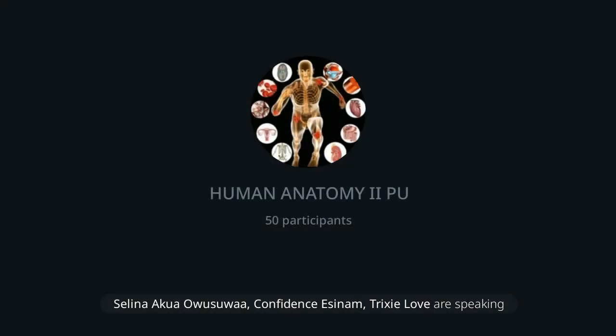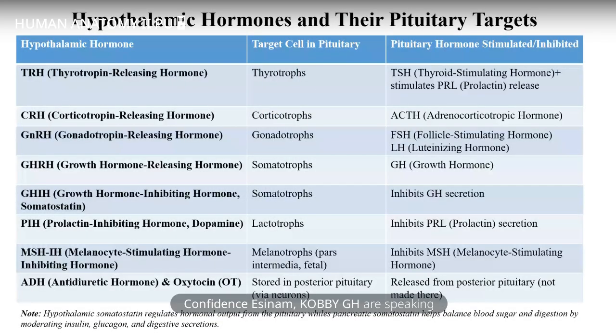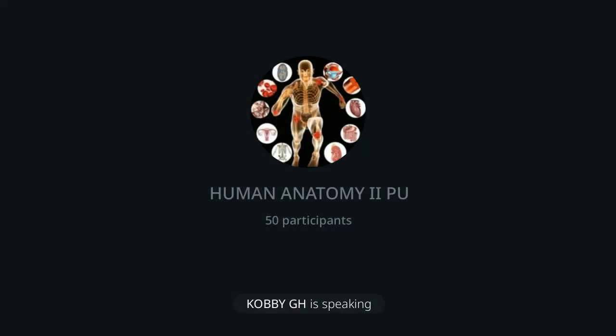Somatotroph cells. Yes. So that inhibits growth hormone secretion. Okay.